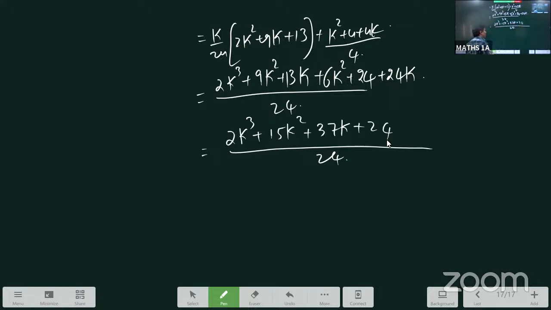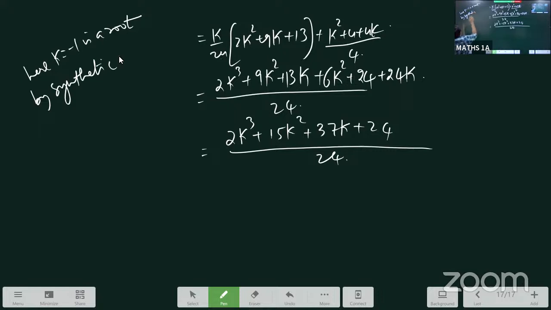Again, I got a cubic equation. Same here, by the inspection method, k equal to −1 is a root. You put k equal to −1: −2 plus 15 minus 37 plus 24. See, you are getting 0, right? k equal to −1 is a root. Therefore, by synthetic division, reduce it. Synthetic division with −1: 2, 15, 37, 24.